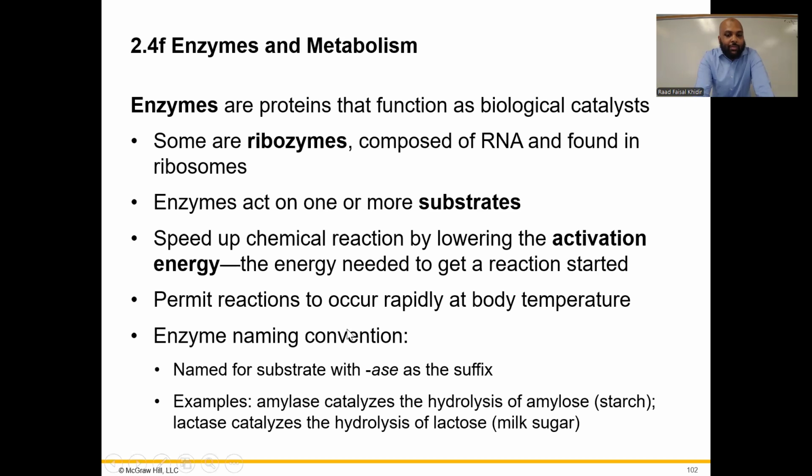For the enzyme naming convention, we have names for the enzymes that end with ase, with examples like amylase. Amylase catalyzes the hydrolysis of amylose. We talked about that in digestion. We digest by breaking down the actual chunks of food.